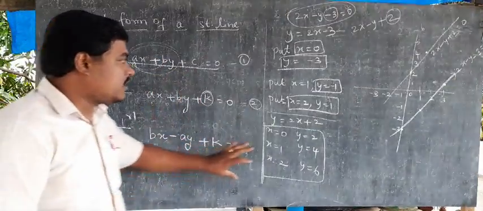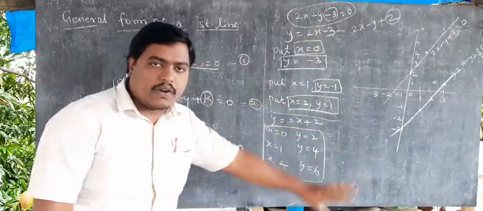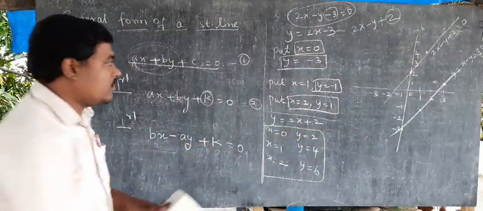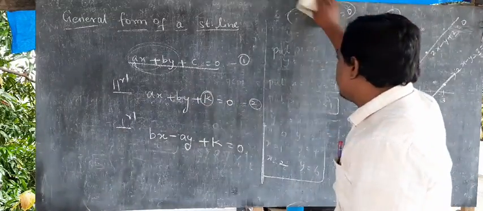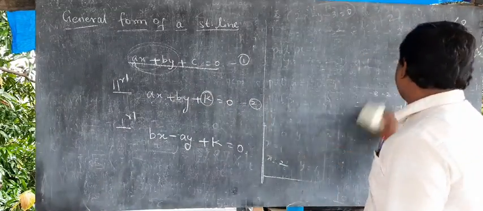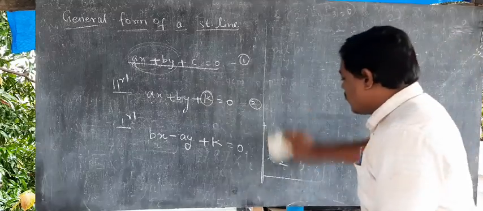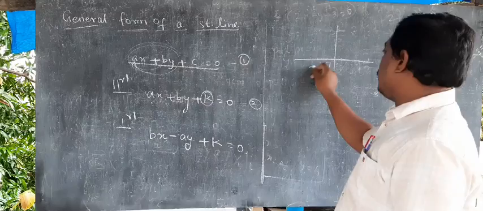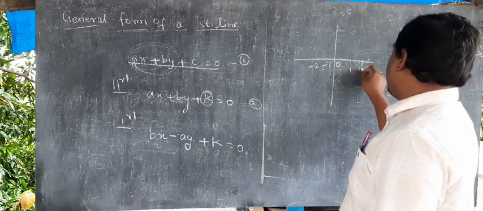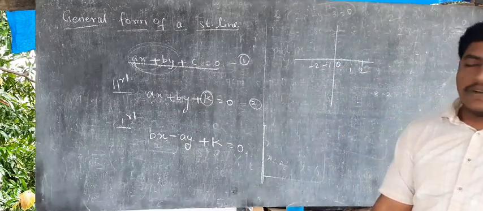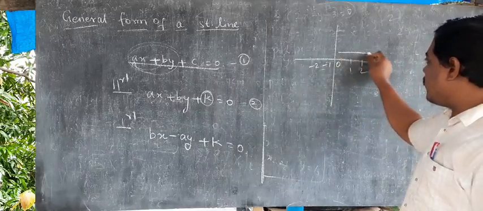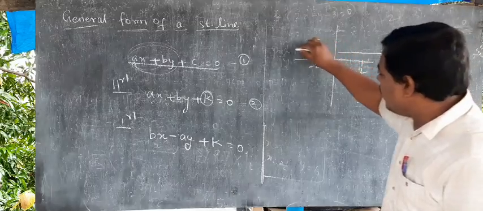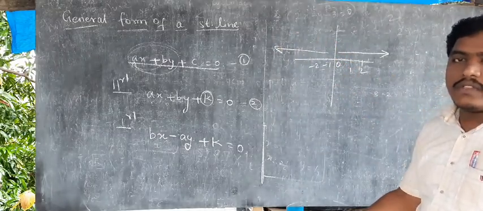The same process you do for perpendicular lines, and you get the perpendicular line. So what does perpendicular mean? Perpendicular means minus 1, minus 2, 0, 1, 2. If I want to go to the right side, you are going to the left side, the opposite direction.